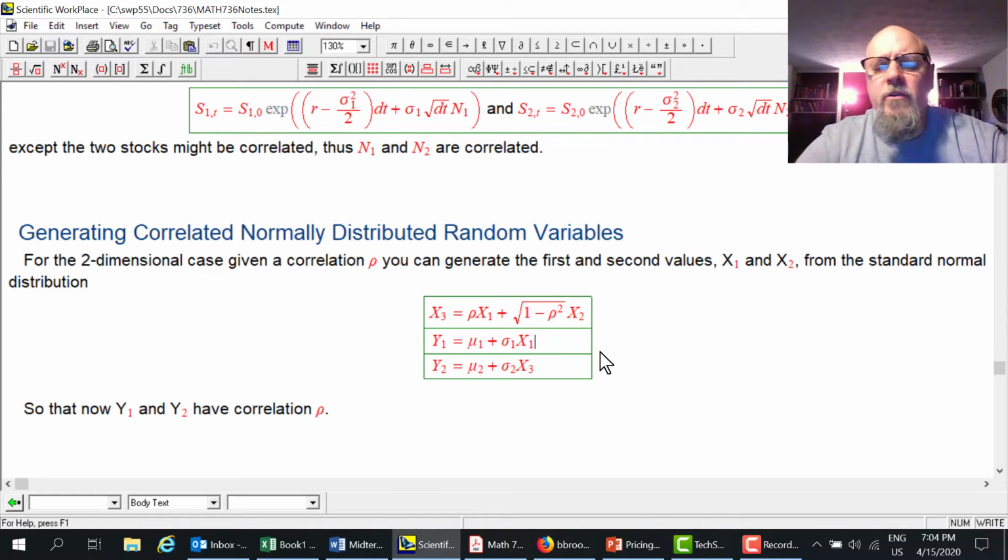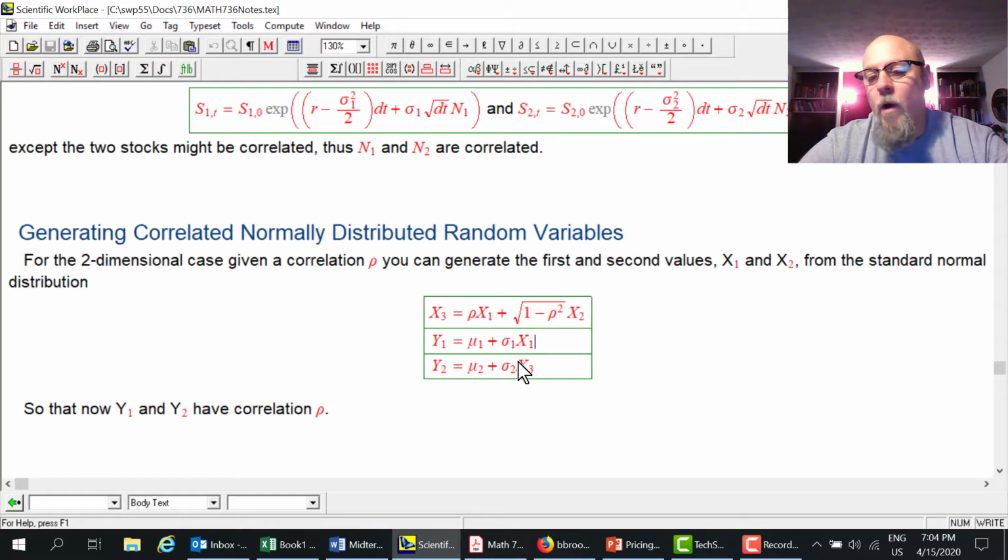How do I know? So now I make the y's. The y ones, so what are the y's? The y's are our random variables that we're making with a given average. The expected value of y1 is going to be mu1. The standard deviation of y1 is going to be sigma 1.